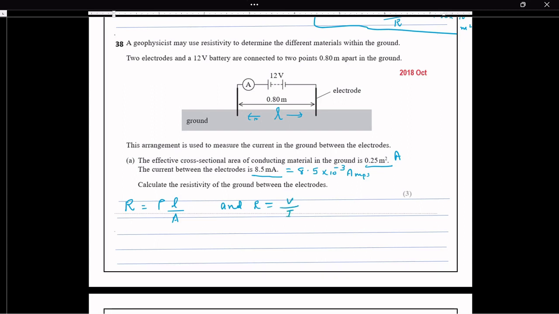Instead of resistance, I'm writing V over I equals rho L over A. So using these two equations, I can calculate the resistivity. Rho equals, making the cross product, I times L over V times A.